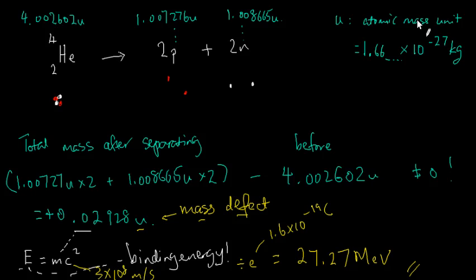In the last few videos, I've talked about binding energy and mass defect. So let me just summarize these two ideas and look at a bit more about mass defects.